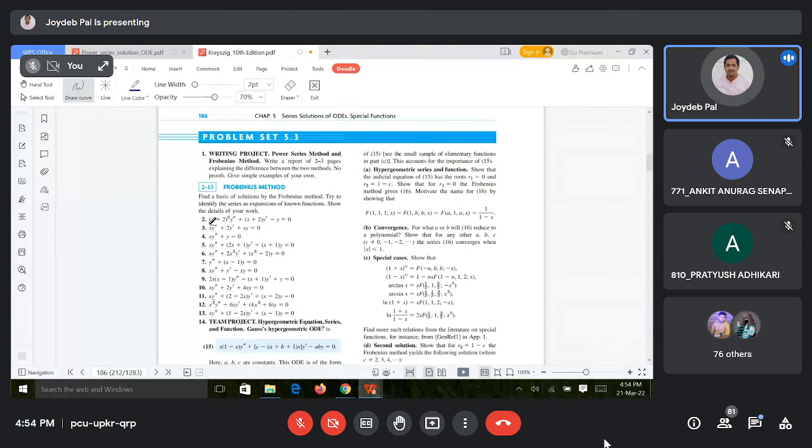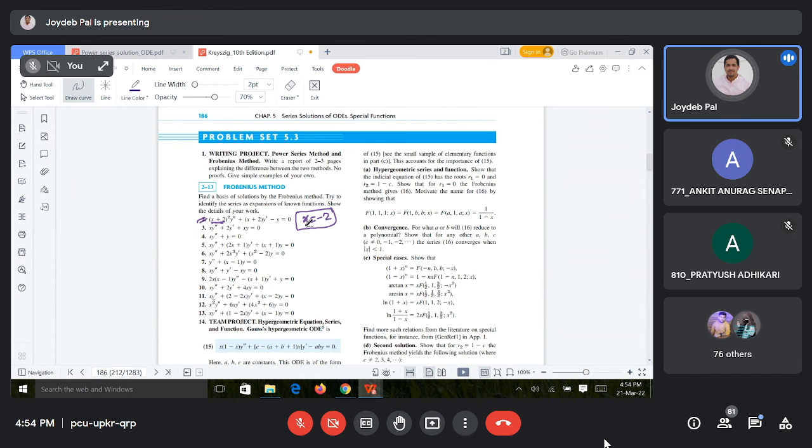In most cases, x is equal to 0 is a regular singular point, except this problem number 2. Here x is equal to -2 is the regular singular point, okay, because the factor it is multiplied is x plus 2.